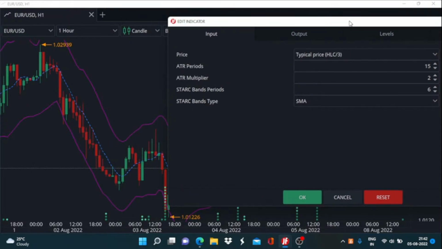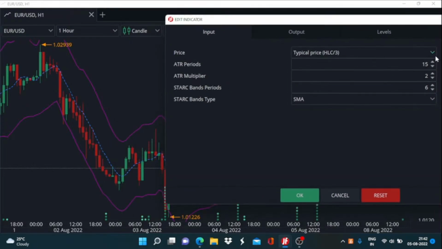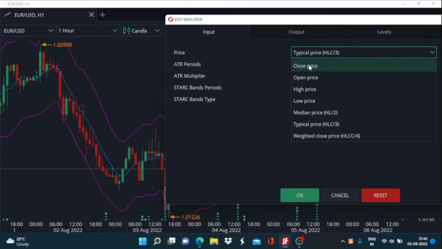The typical price is being used as the applied price. Typical price is arrived at by adding the high, the low and the close price of the underlying instrument and then dividing it by 3. So it's kind of simple. We have the close price, open price, high price, low price, median price, typical price, weighted close price. All these are the options provided on the platform.